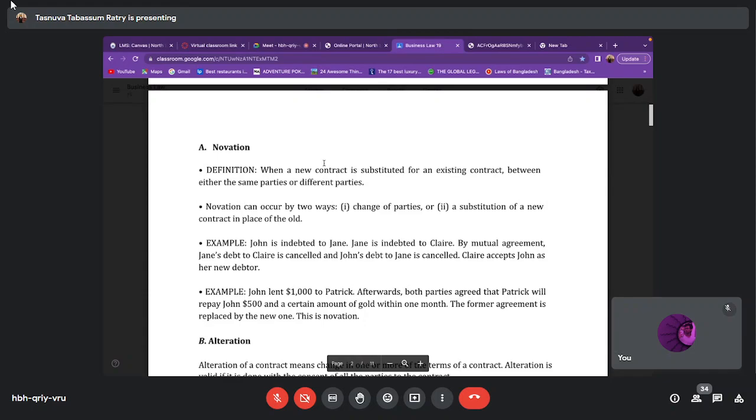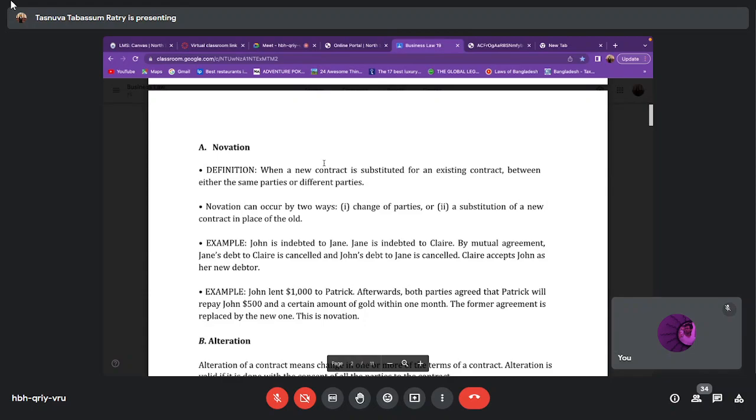On the other hand, there's another agreement where Jane needs to pay Claire. So there are two contracts. One loan contract is between John and Jane, where John owes money to Jane. Another contract is between Jane and Claire, where Jane owes money to Claire.